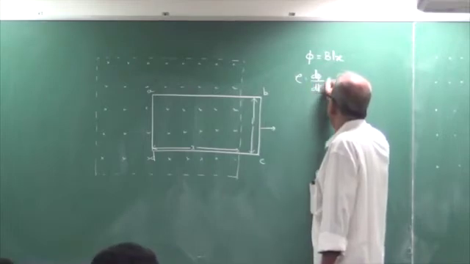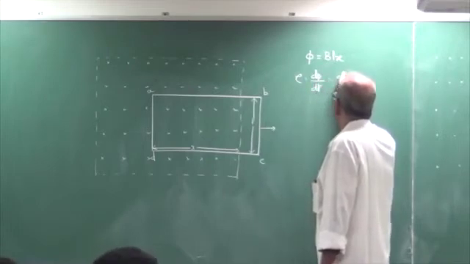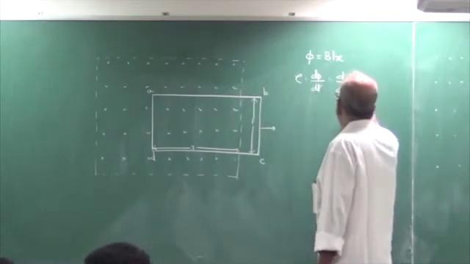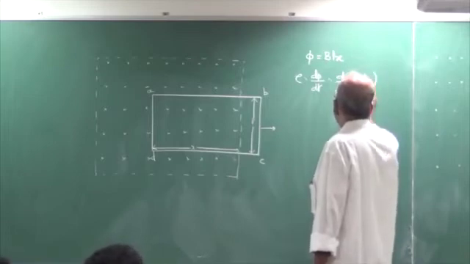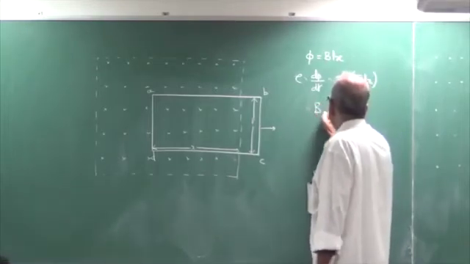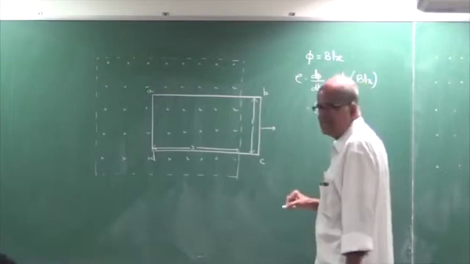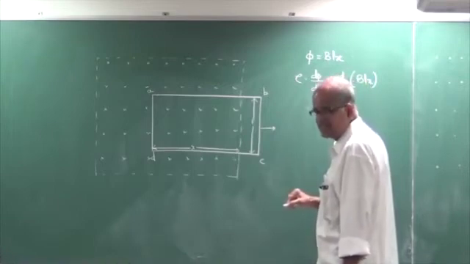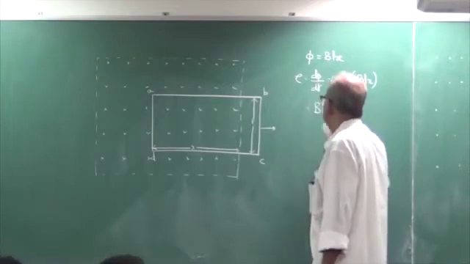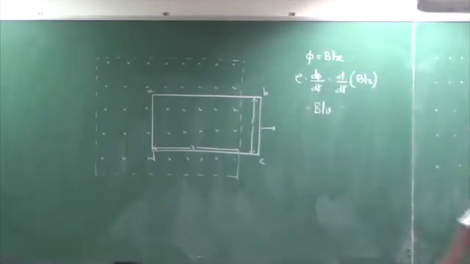So, what is the magnitude of the induced EMF? d phi by dt, which is d by dt of B L X. B is not changing with time, L is not changing with time, X is changing with time, dx by dt is V. Induced EMF is BLV.